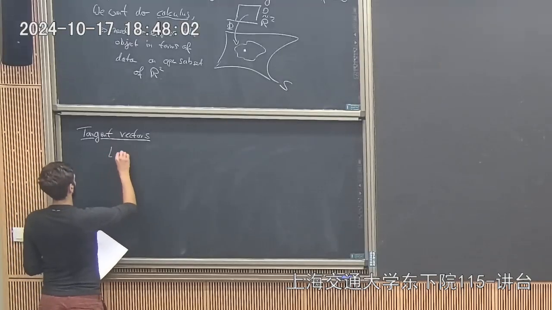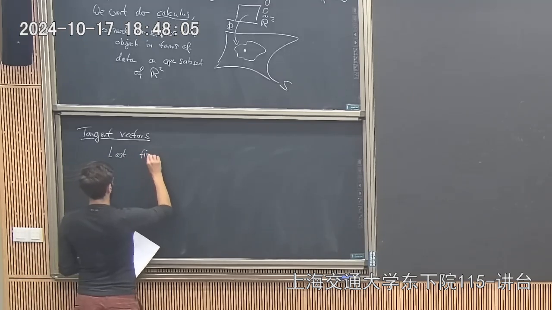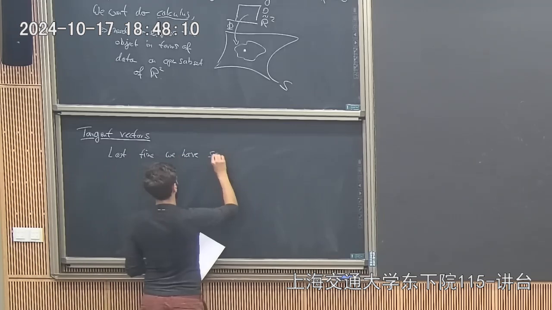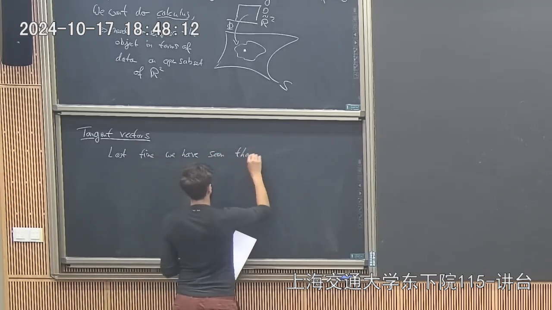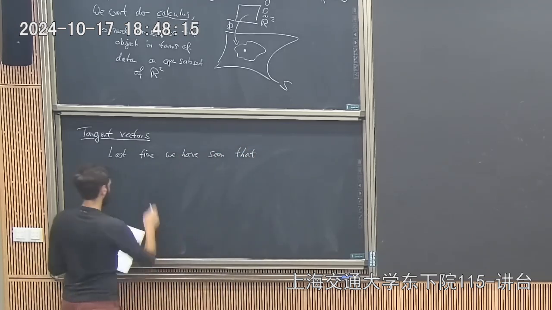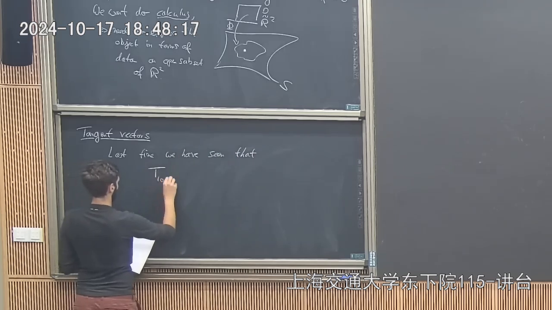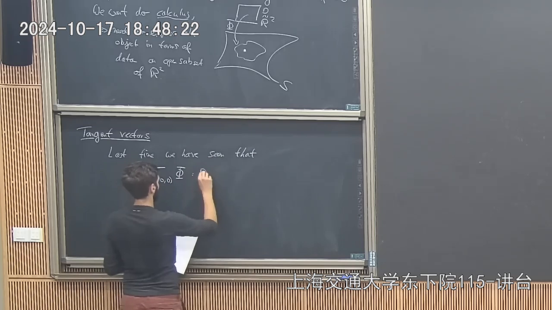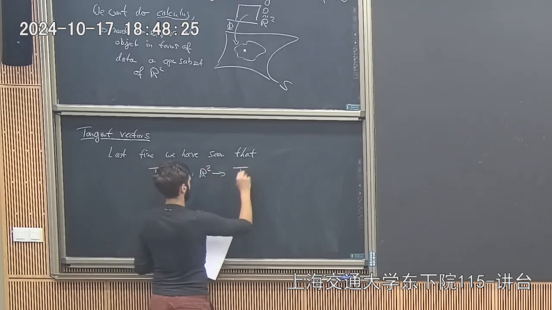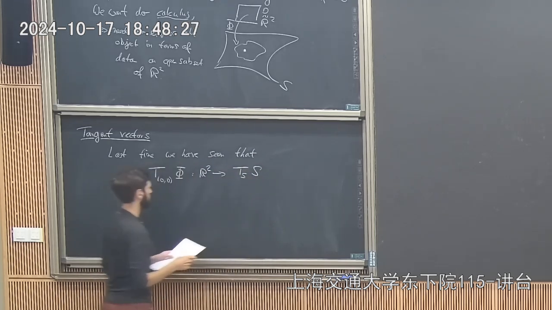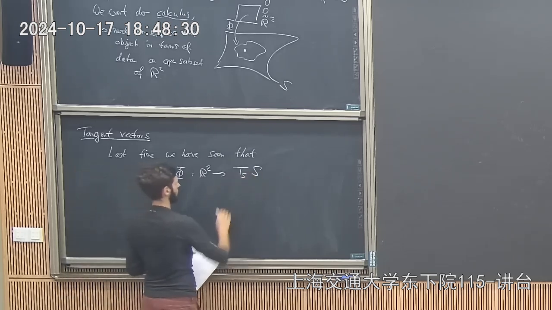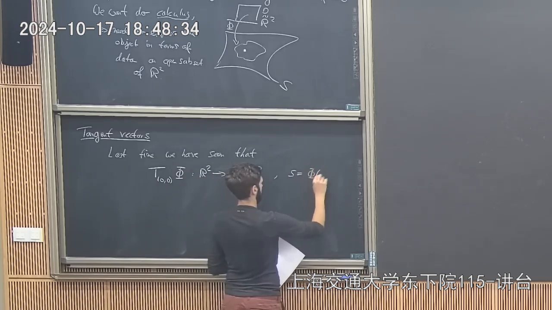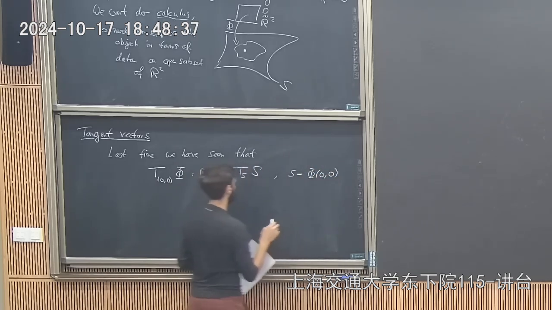And last time we have seen that there was this particular map which we defined as a map from R2 into the tangent space, with the point in S being the same thing as the image of 0 under phi.